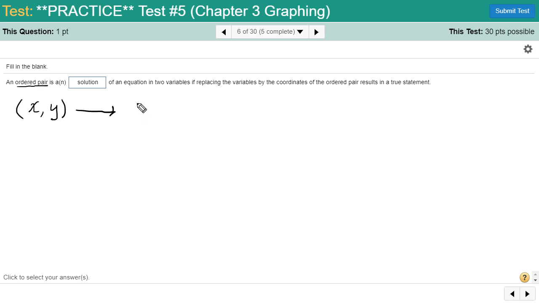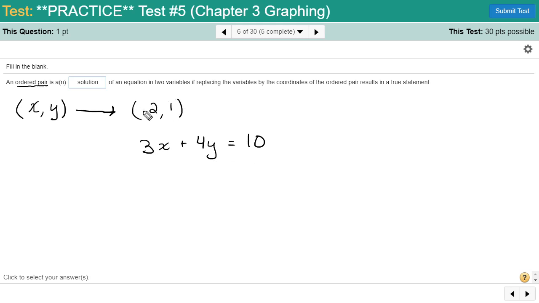So, for example, let's say I give you the point 2 comma 1, and I ask you, is this ordered pair a solution to the equation 3x plus 4y equals 10? Is 2 comma 1 a solution to this equation?